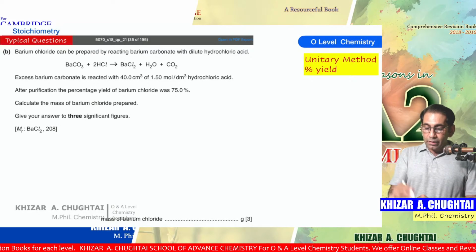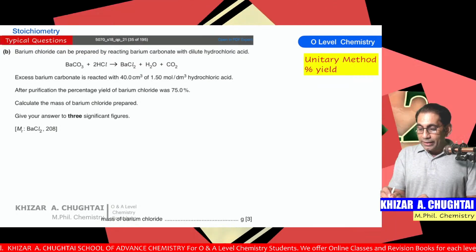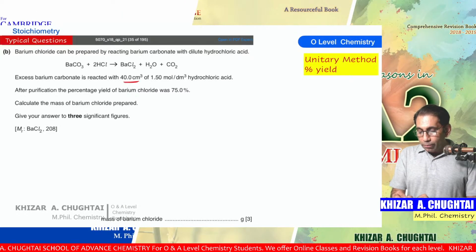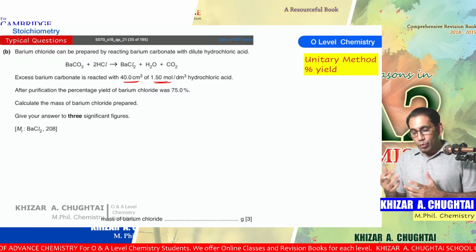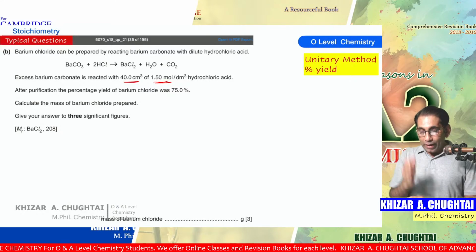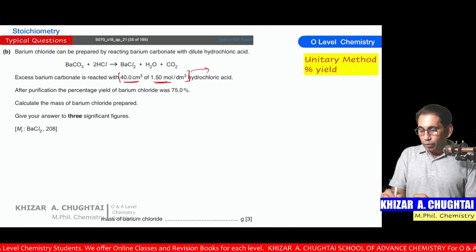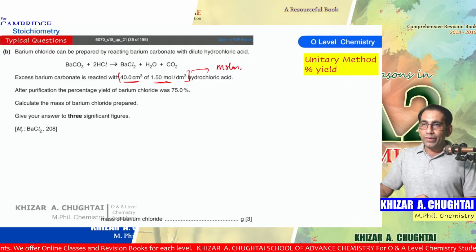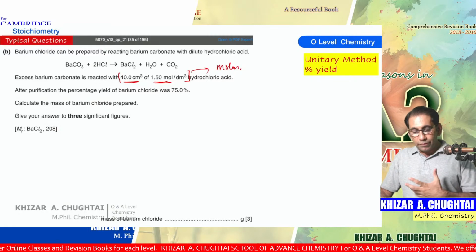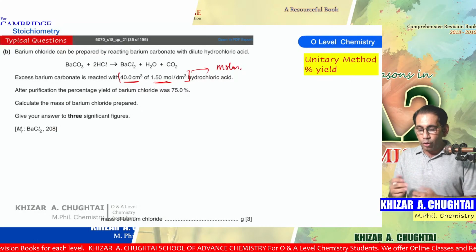The next thing you should focus on is the volume and mole per dm cube. Basically, the volume and mole per dm cube of a substance gives us the moles, so we can calculate the moles by multiplying the volume by the mole per dm cube.